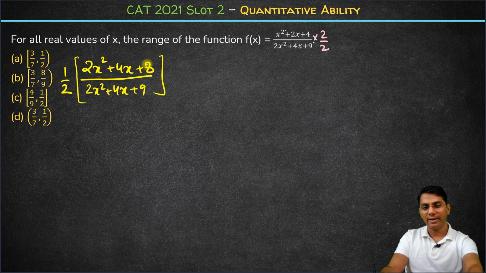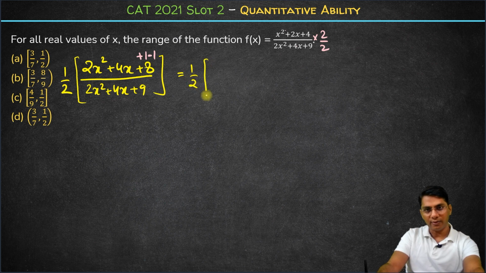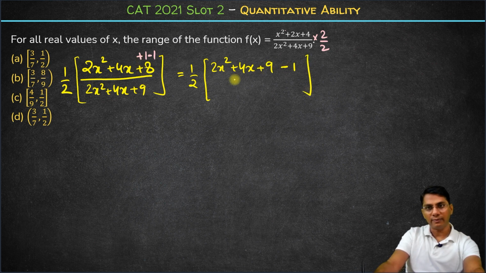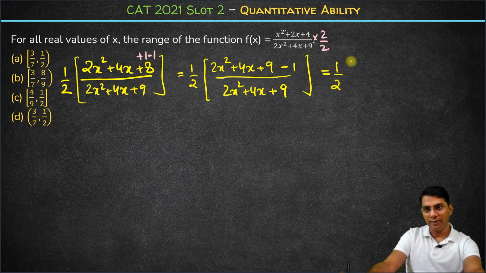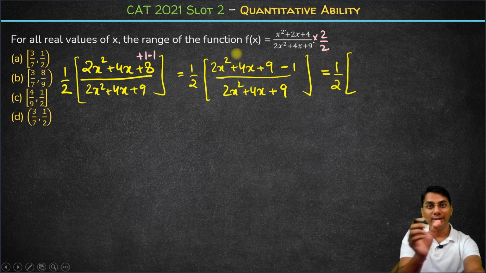How would you create a 9 here? Let's add 1 and subtract 1. So this comes out to be half of 2x square plus 4x plus 8 plus 1, which is 9, minus 1, divided by 2x square plus 4x plus 9. Okay. So now we can split it.